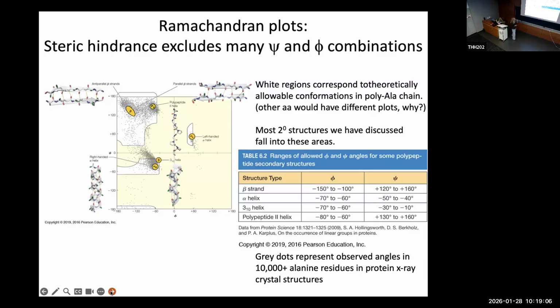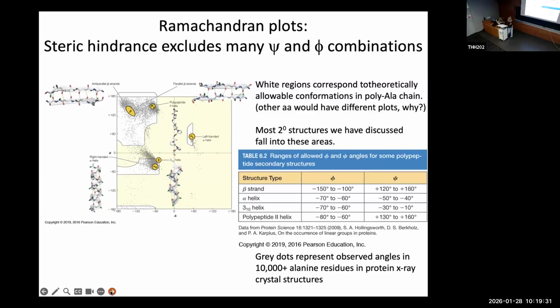And what he also found when he mapped onto those regions where the most typically seen secondary structures are is that those fall within those angles of rotation. So we have our right-handed alpha helix, our parallel and anti-parallel beta strands, our polyproline helix.